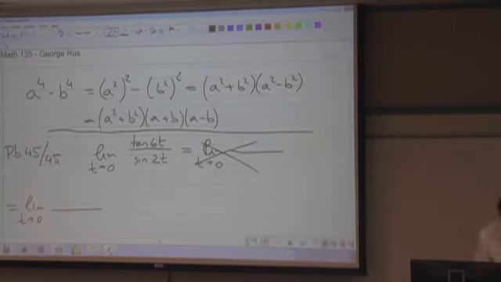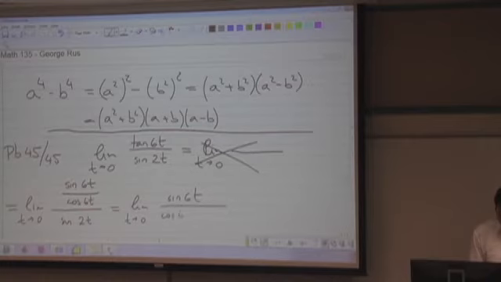So we're going to have sine of 6t over cosine of 6t, all divided by sine of 2t. Okay? Which is the same thing as the limit, as t goes to 0, of sine of 6t divided by cosine of 6t times sine of 2t.